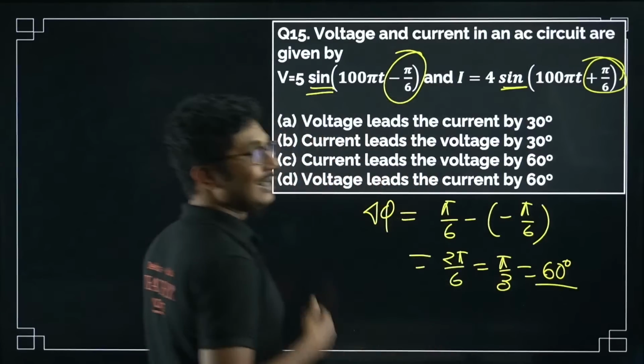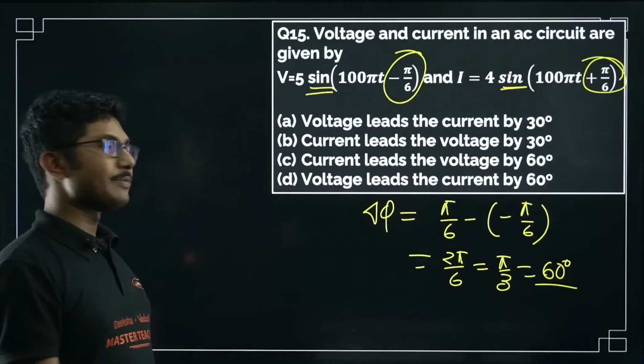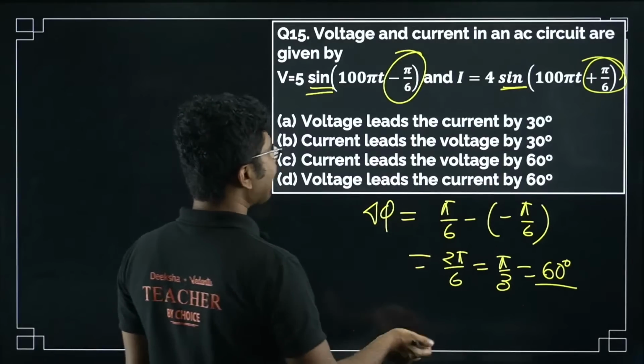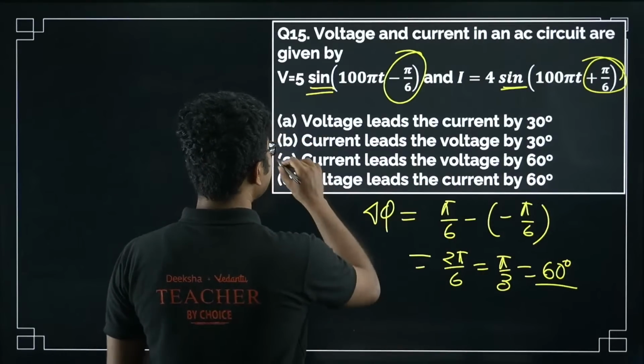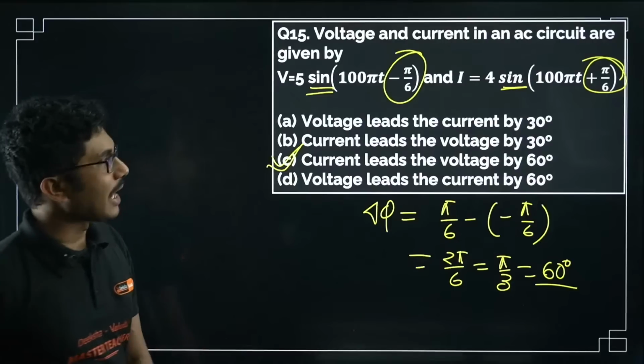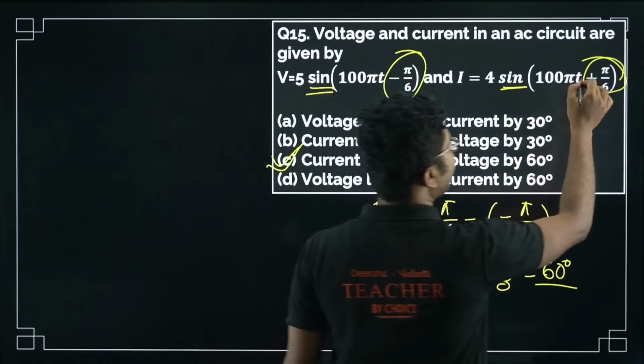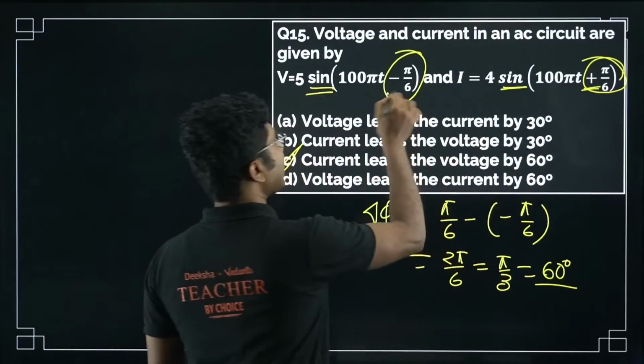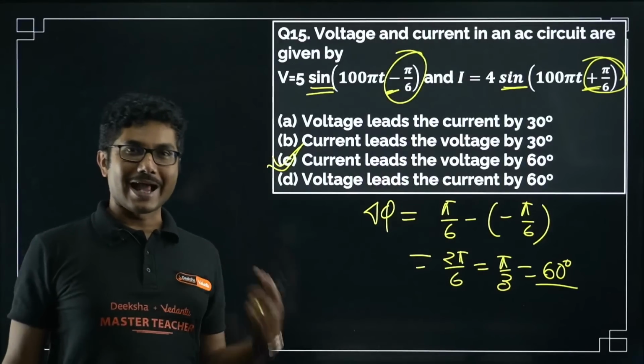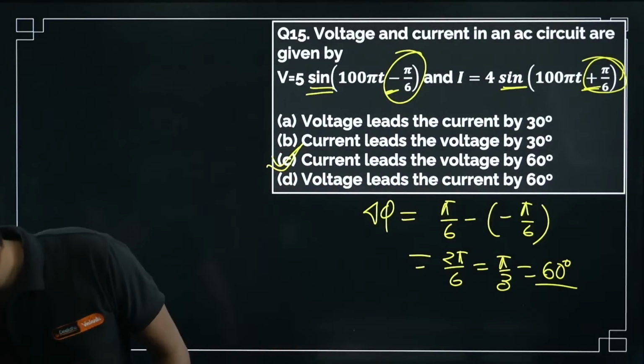So current leads voltage by 60 degrees, or voltage lags current by 60 degrees. Why does current lead? Because current has a plus sign, voltage has a minus sign. So voltage is lagging, current is leading.